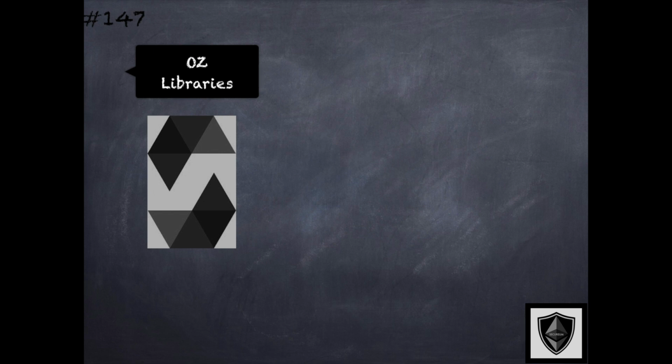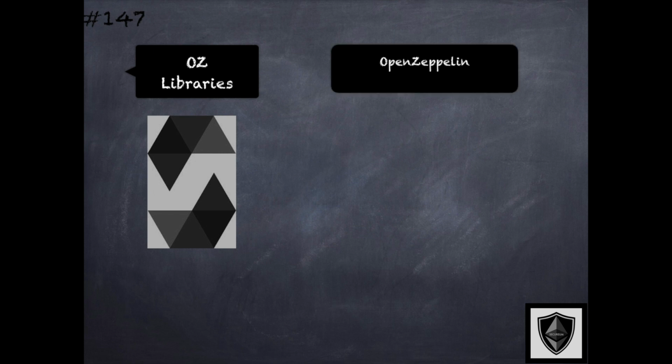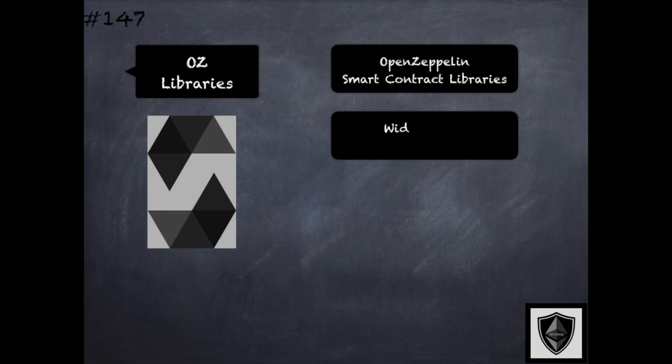Many, if not most, of these libraries are written and maintained by OpenZeppelin, which is one of the leaders in this space, not only in developing these libraries, but in the security of Ethereum smart contracts itself. They provide multiple services and multiple tools in this context. So these OpenZeppelin libraries are widely used.